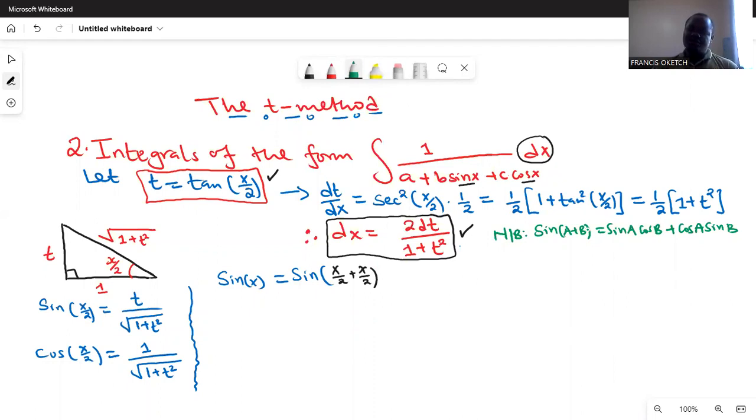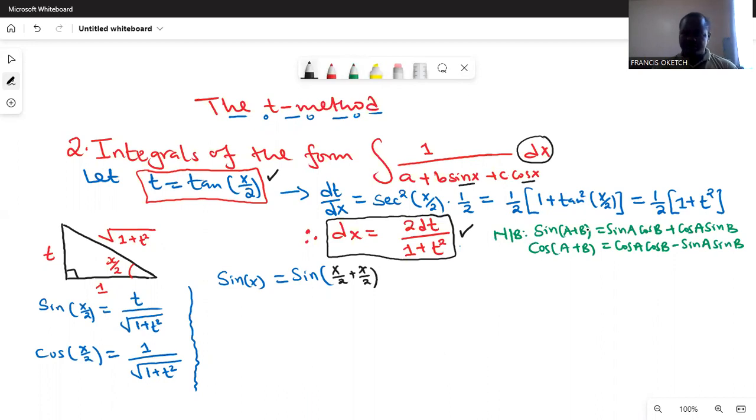Another one, we also know that cosine of A plus B is the same as cos A cos B minus sine A sine B. So these identities are very important for us.